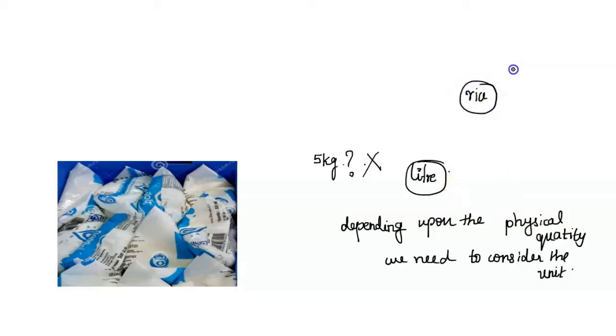Rice is a solid object, so we consider it in kg. Here in this example, milk is liquid, so we consider it in liters. So from these examples, what we can conclude is, depending upon the physical quantity, we need to consider the unit. So what is a unit? How can we define the unit?